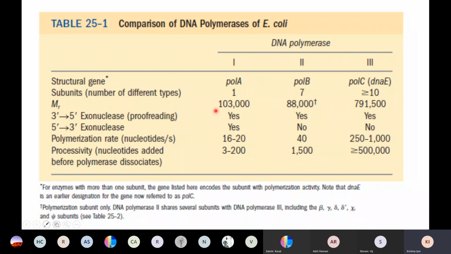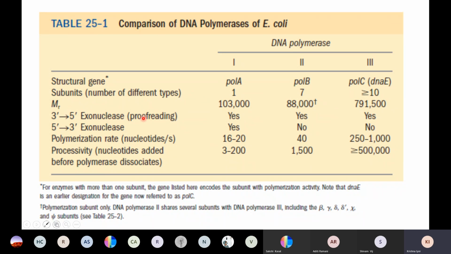It has a molecular mass of 103 kilodaltons. Okay, it has the 5 prime to 3 prime polymerization activity, but it also had a proofreading activity. So it could come back in the 3 prime to 5 prime direction and take out a piece of DNA.